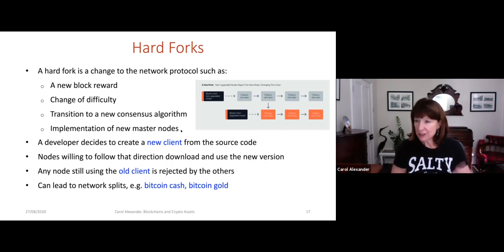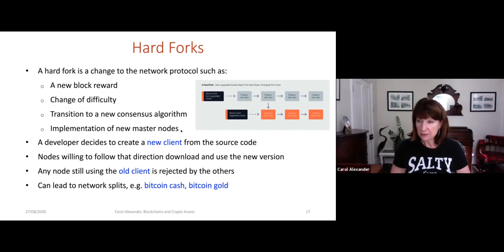So a change in the level of difficulty or the way it's calculated, transition to a new consensus algorithm, that's a major change. Implementation of new master nodes as well. Just a new block reward, for example, the 6.25, the halving recently required new client software to be downloaded by all the full nodes.